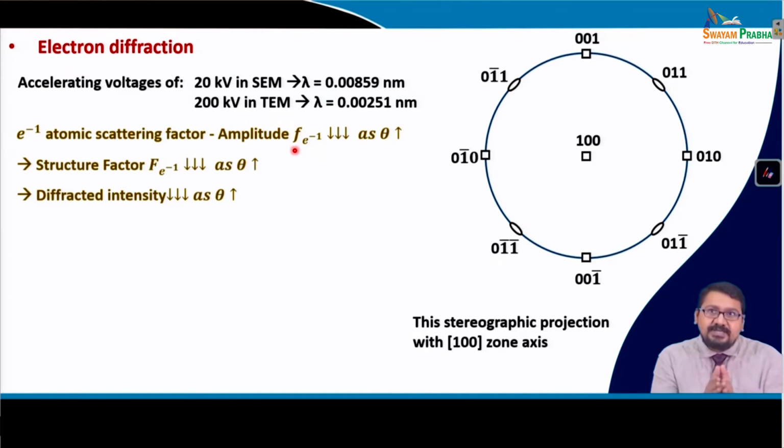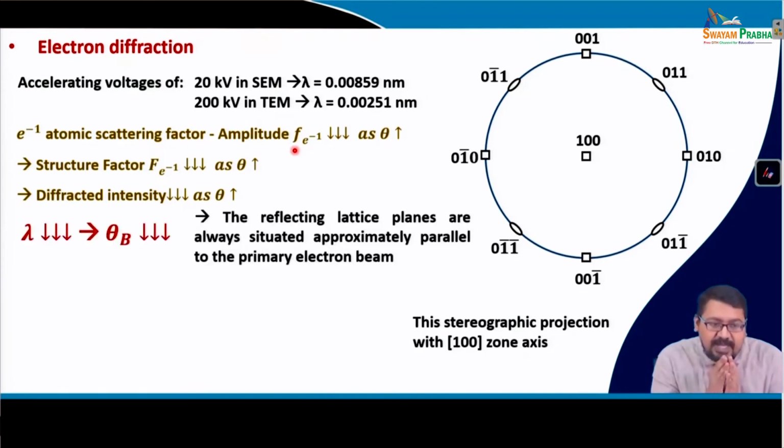The structure factor, capital F, which depends upon the atomic scattering factor, also will decrease as the scattering angle increases, and basically in this case it will be the Bragg's law scattering angle, that is the diffraction angle theta b. So, if the diffraction angle increases, then the diffracted intensity of the electron beam basically decreases largely.